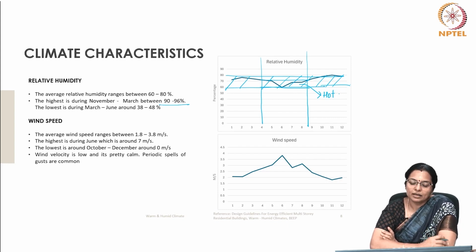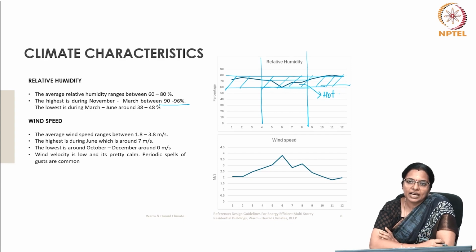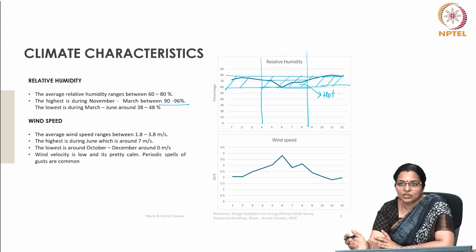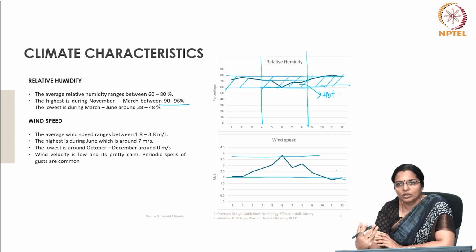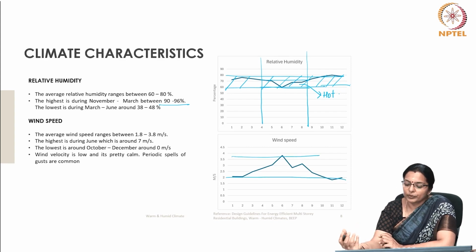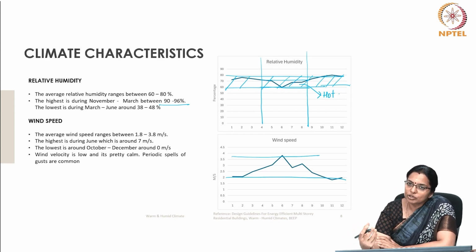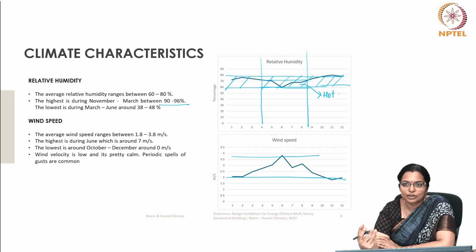If you look at wind speed, the average wind speed ranges between 1.8 meters per second to 3.8 meters per second, whereas for the sultry part between October to December, the wind speed is very minimal, sometimes not perceivable, and can be said to be about 0 meters per second.